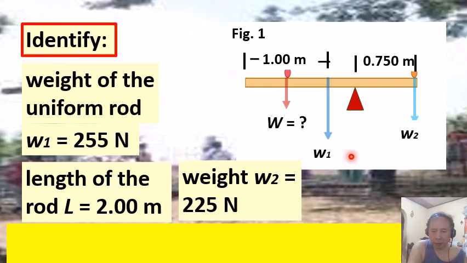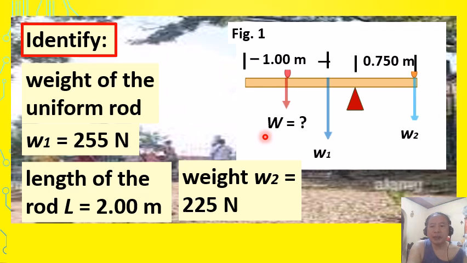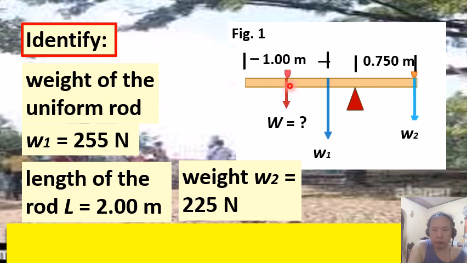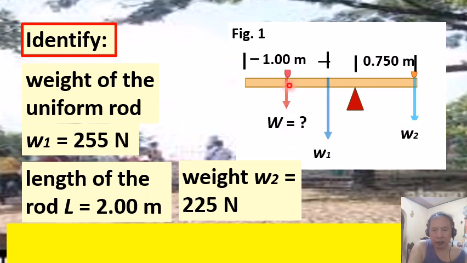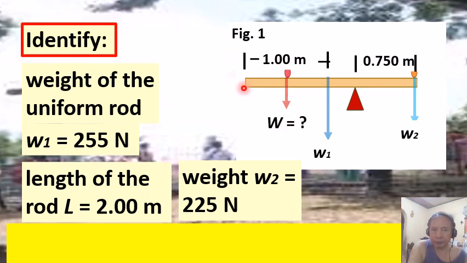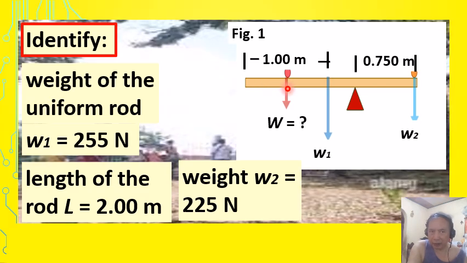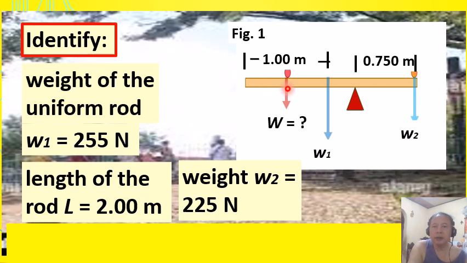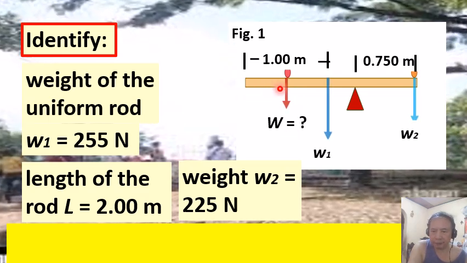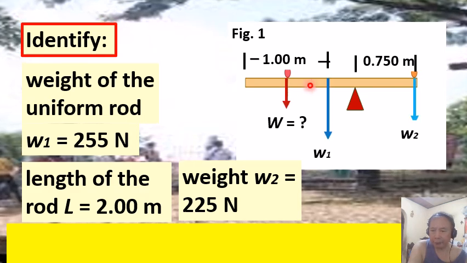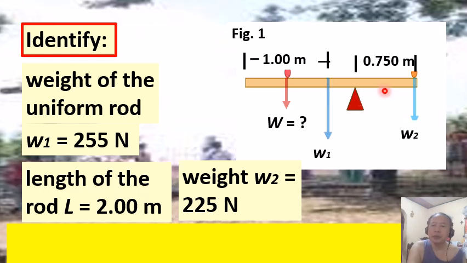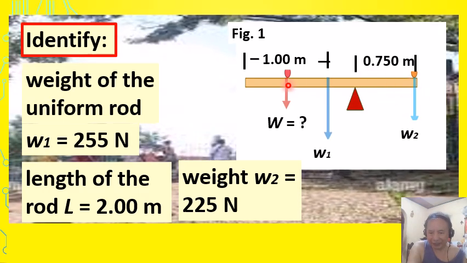And our first target variable in part A is the unknown weight W. Initially, this weight W is located 50.0 centimeters from the left end of the rod, if the fulcrum is located 0.75 meters from the right end.